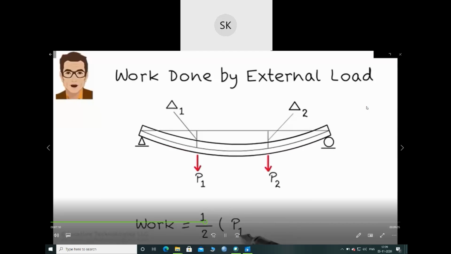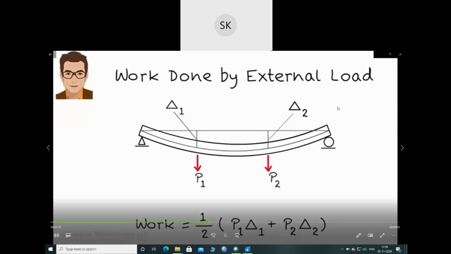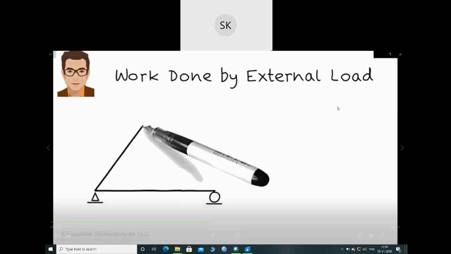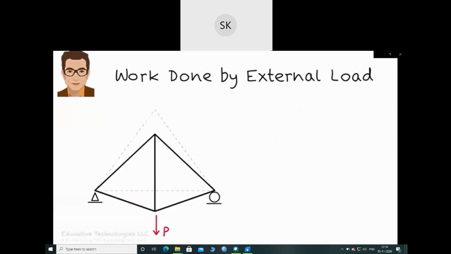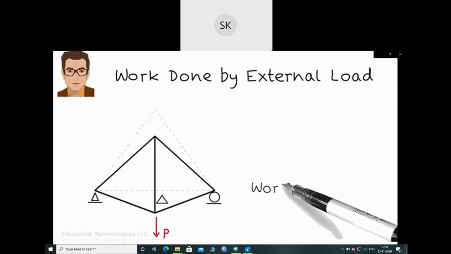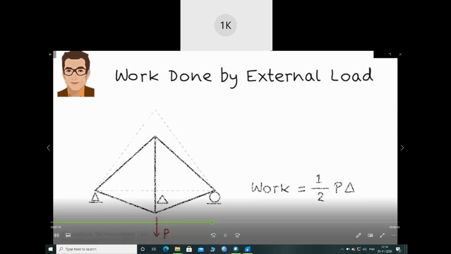Here, the total work done by the applied loads is 1/2 P1 delta 1 plus 1/2 P2 delta 2. Similarly, here we can write work as 1/2 P delta.